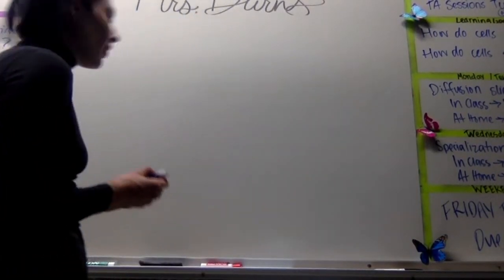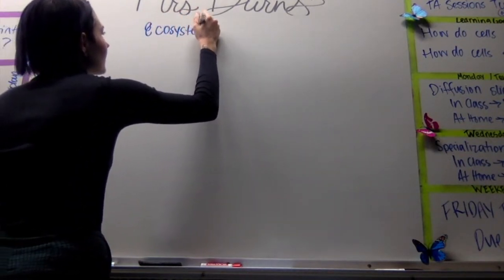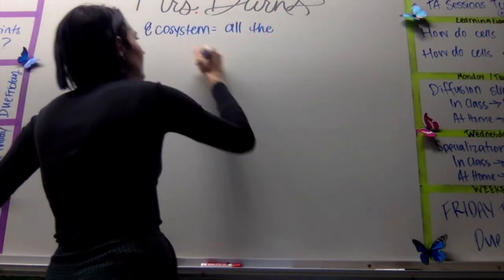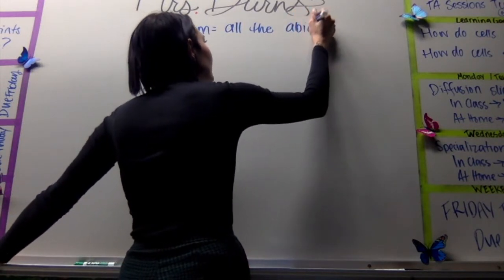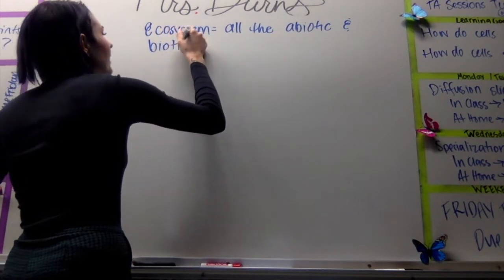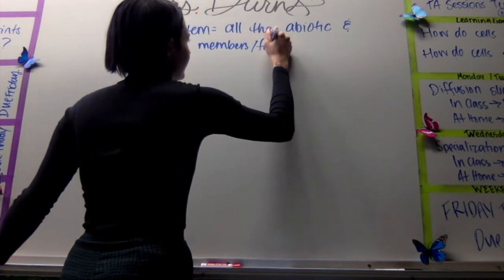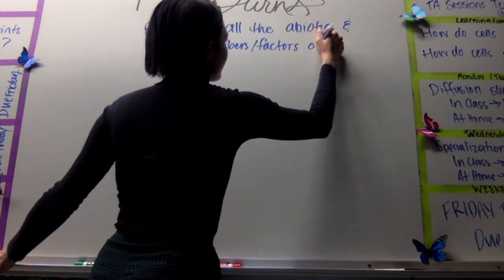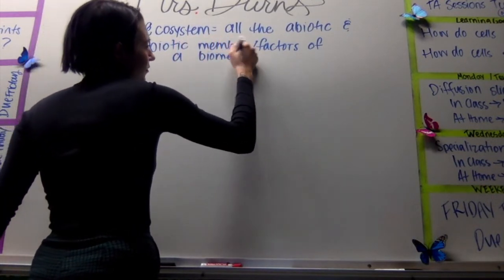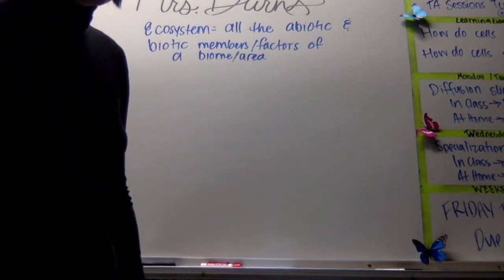So what is an ecosystem? Going right from the beginning here. So an ecosystem is all the abiotic and biotic members or factors of a biome, or kind of just an area of focus, where you're looking at, where you're studying.